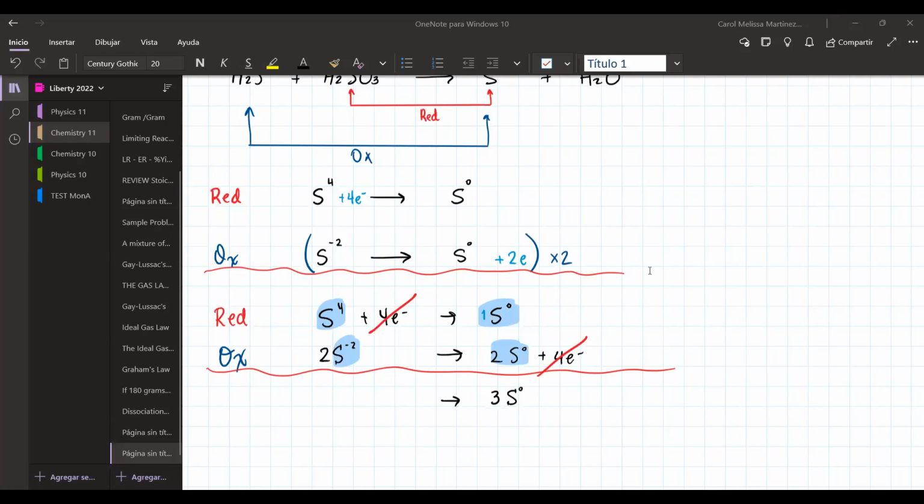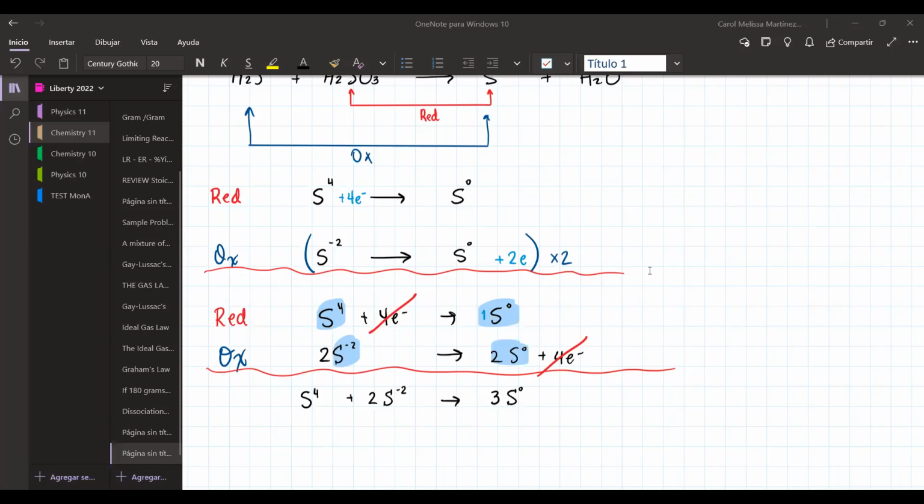In this case, we cannot add them because they have different oxidation states. So you're going to have S4 plus 2 S to the minus 2. This is how you add them. I already got rid of the number of electrons because they were the same, and I'm lazy and I like to do it in that step.